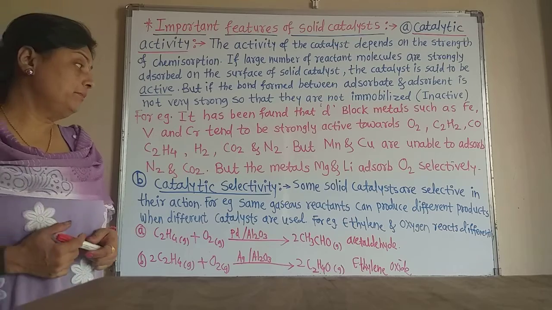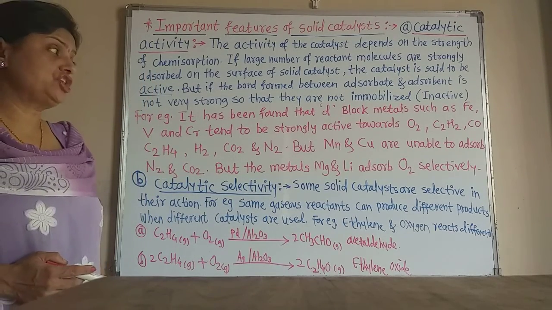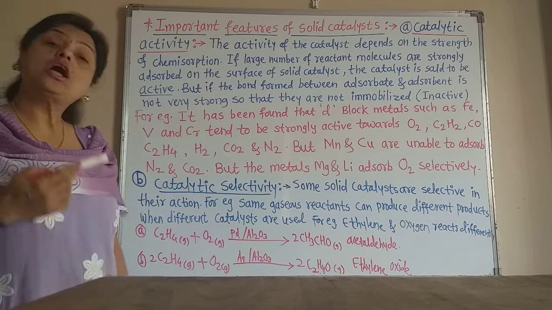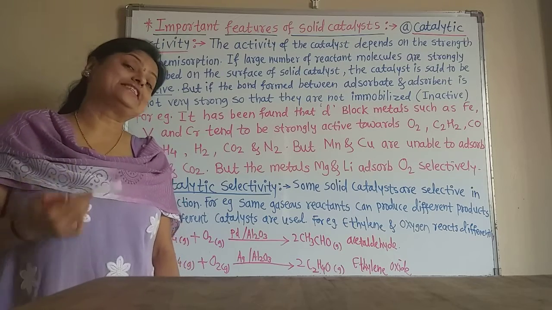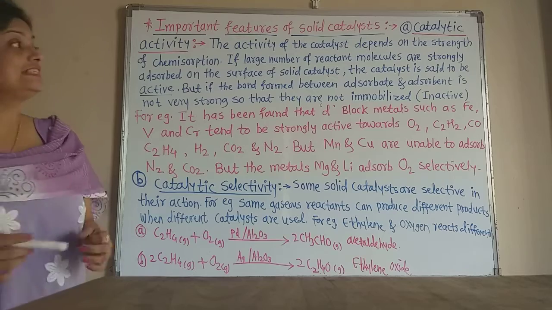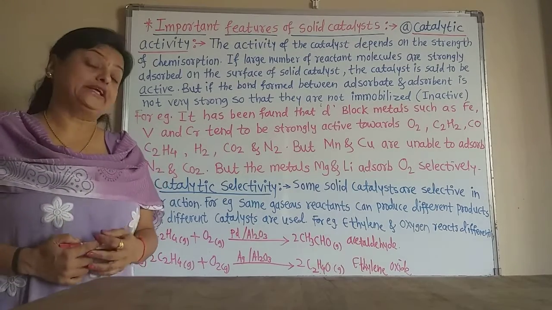Again, the active metals magnesium and lithium selectively adsorb oxygen gas strongly. That means they are active towards oxygen gas. Now this is about the catalytic activity, the first feature of the solid catalyst.